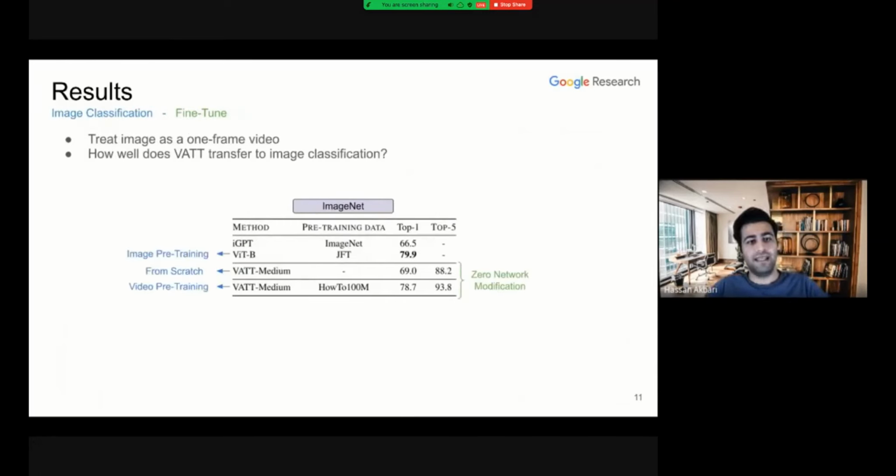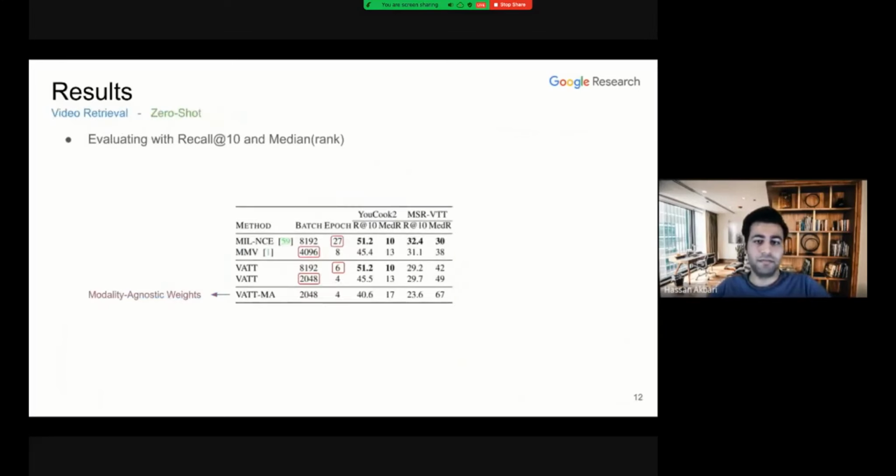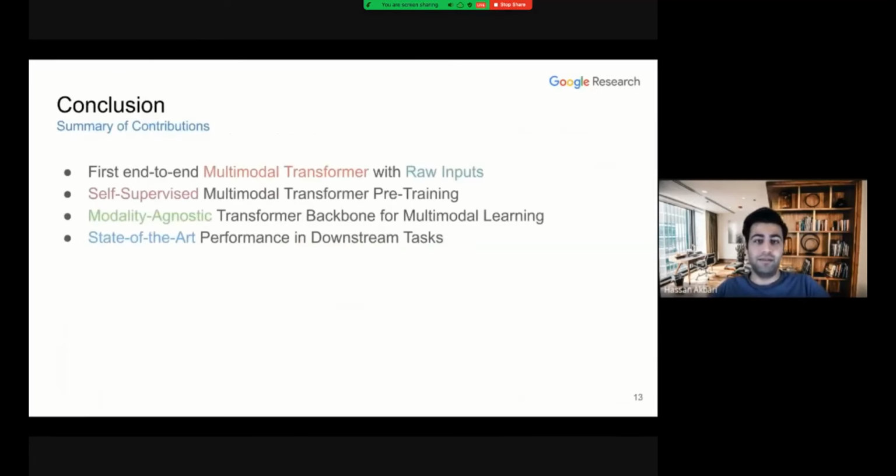Interestingly, we see that in spite of having a domain gap, if we fine-tune it on image classification tasks, we still see that it achieves a comparable number to ViT, which is pre-trained on JFT with a self-supervised objective. And we finally see that if we freeze the model and just do zero-shot text-to-video retrieval, it achieves a comparable number to the state-of-the-art in a similar setting.